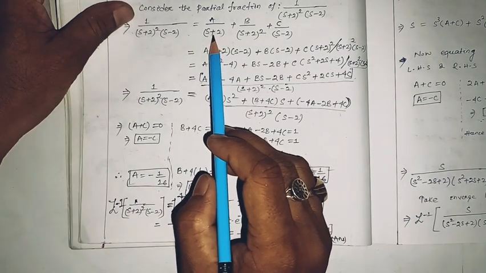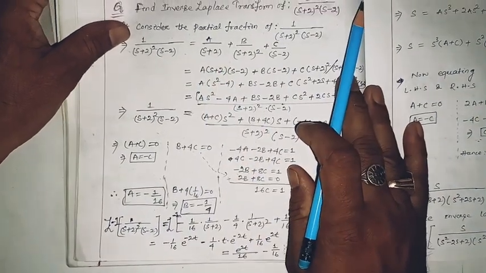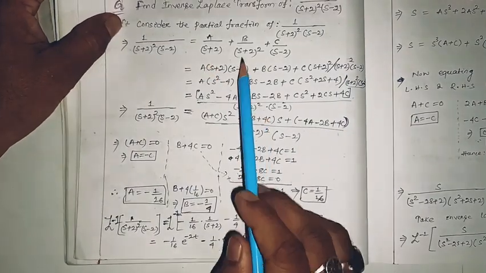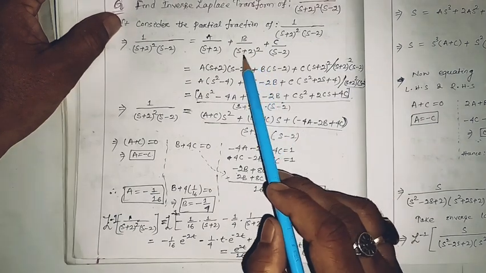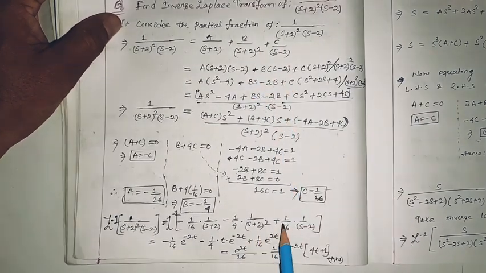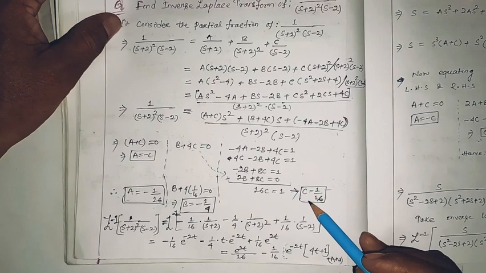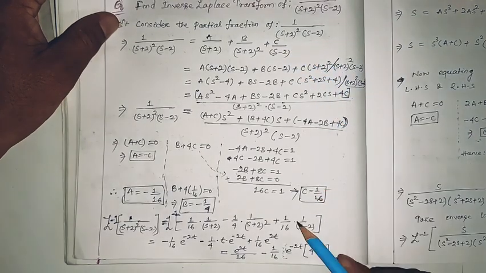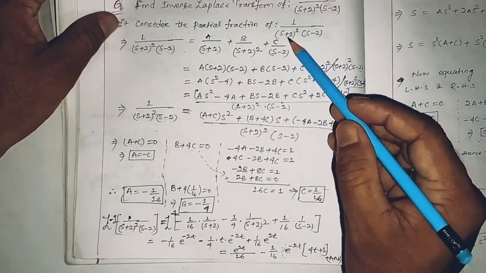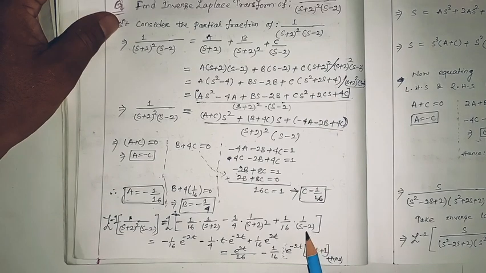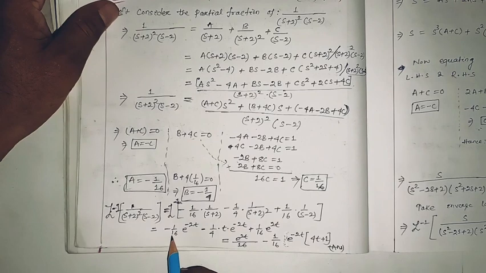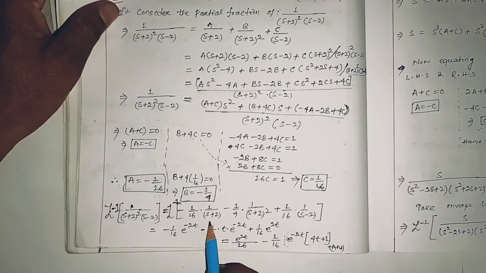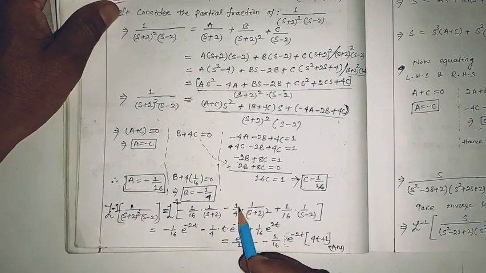So minus 1 by 16 into 1 by s plus 2, then b is minus 1 by 4 into 1 by (s plus 2) square, plus c is 1 by 16 into 1 by s minus 2. So minus 1 by 16, this is nothing but s minus of minus 2, so it will be e to the minus 2t, minus 1 by 4.